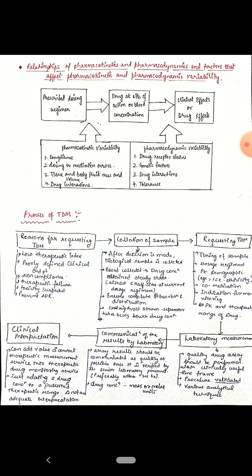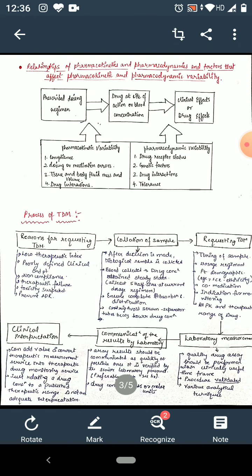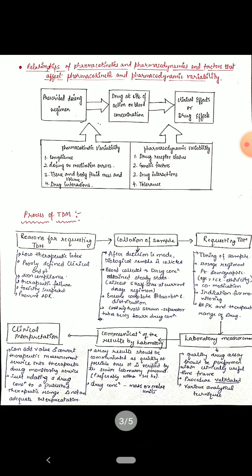At that state the blood is collected at least 5 half-lives after the current dose regimen, and it ensures the complete absorption and the distribution. It avoids the serum separator tubes because of the lower drug concentration.